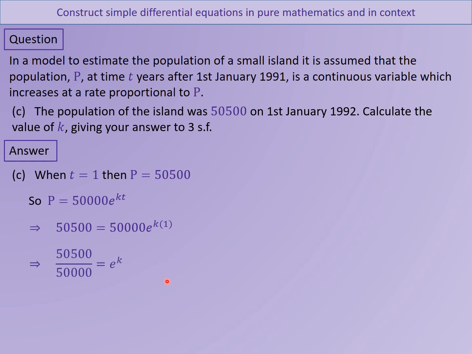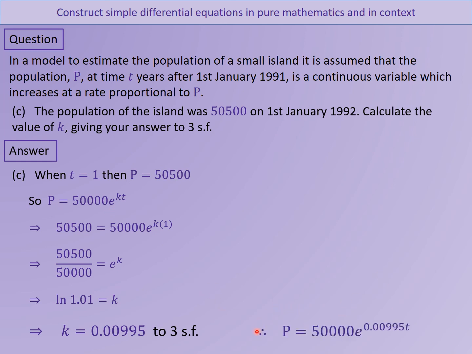Once I've done that, e to the k is going to be 50,500 over 50,000, so my k value is ln of 101. Once I've got my k value to three sig figs, I've answered this question: what is the value of k to three significant figures? I can also substitute that in for this constant just here, and then I've got my population equation sorted fully.